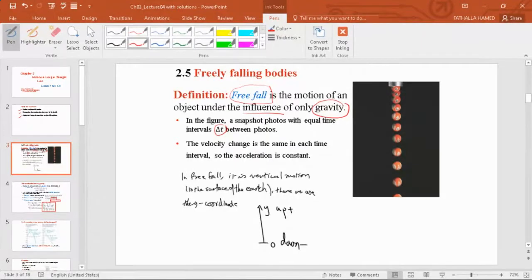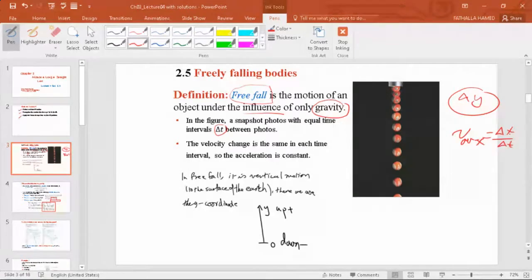But if you look at delta y, which is the change in displacement, you will see it's getting bigger. We discussed the average velocity, delta x over delta t.